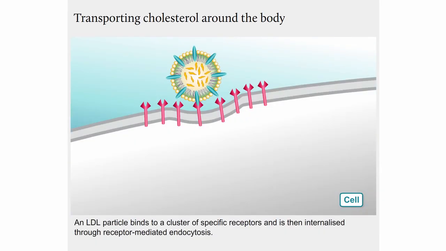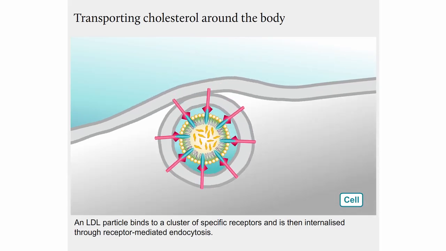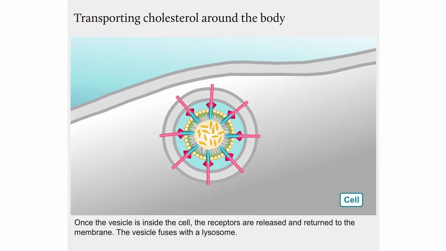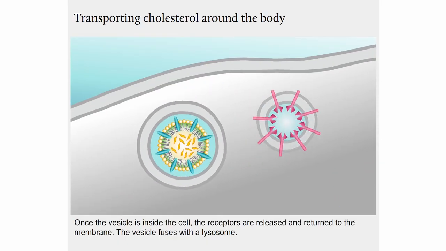An LDL particle binds to a cluster of specific receptors and is then internalized through receptor-mediated endocytosis. The LDL is now contained in a vesicle inside the cell. Once the vesicle is inside the cell, the receptors are released and returned to the membrane.